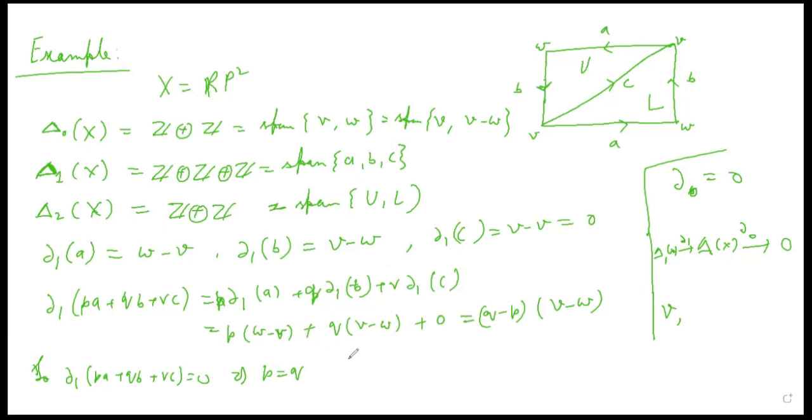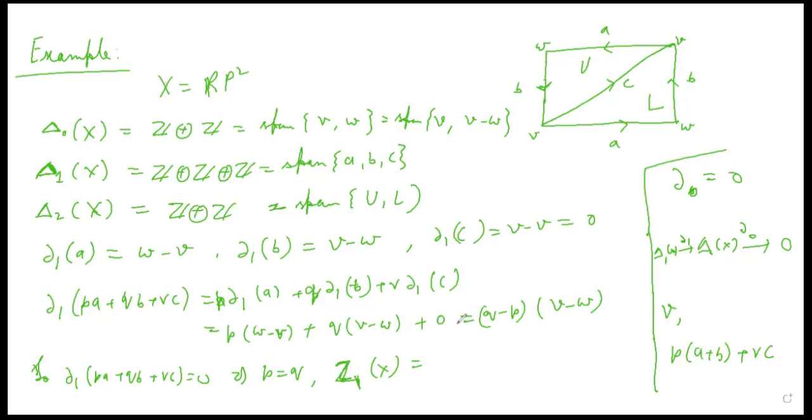So Z1 X, this is kernel of boundary 1. So if your P equal to Q, then this element will be of this form: P times A plus B plus R C, right?